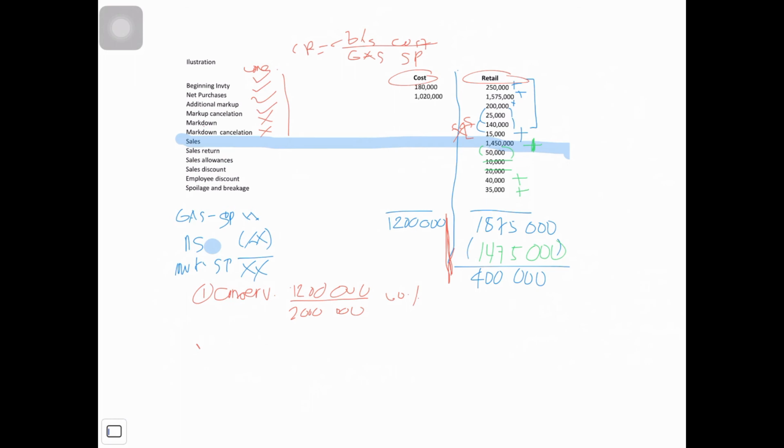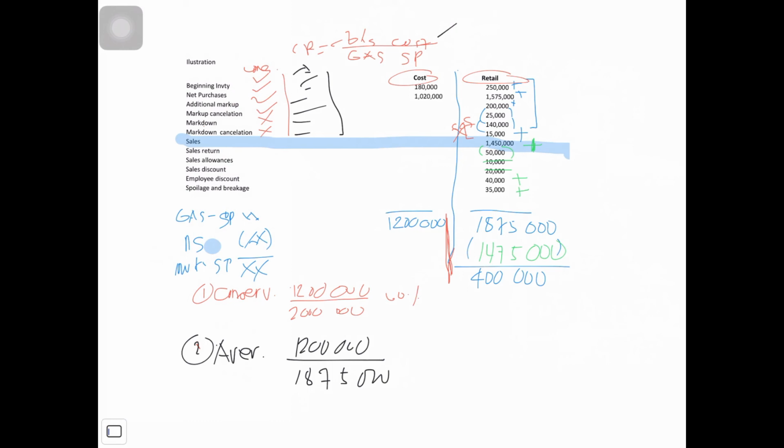For the second one, the second one is average. The average cost method. Our goods available for sale at cost is still the same, 1,200,000.